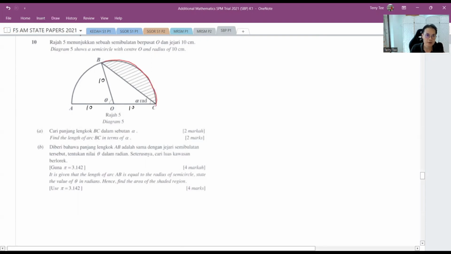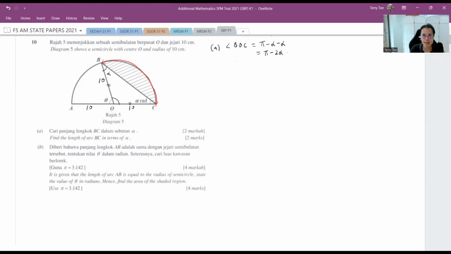Okay, so first of all, I know if this is alpha, because these two are equal length, this is also alpha. So your angle BOC, I must take 180, but 180 degrees in radian is pi, minus alpha. We can say pi minus 2 alpha.